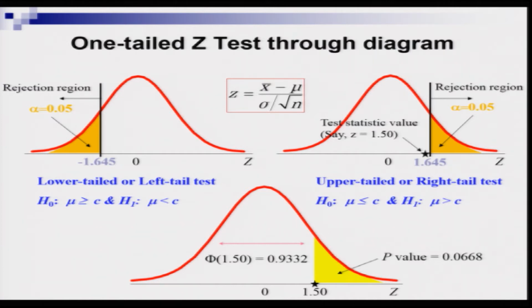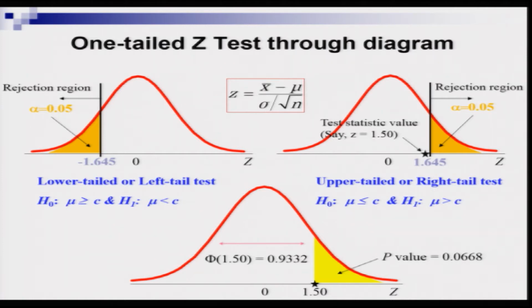Now, let me interpret that selection of alpha in terms of some area under the standard normal curve. What you have to do is go to the standard normal table and figure out, for this value of alpha equal to 0.05, what the value of z is.